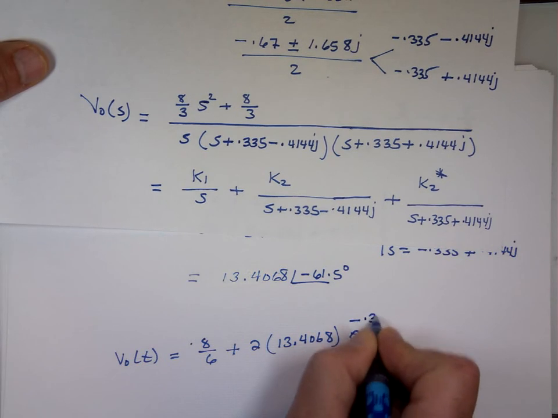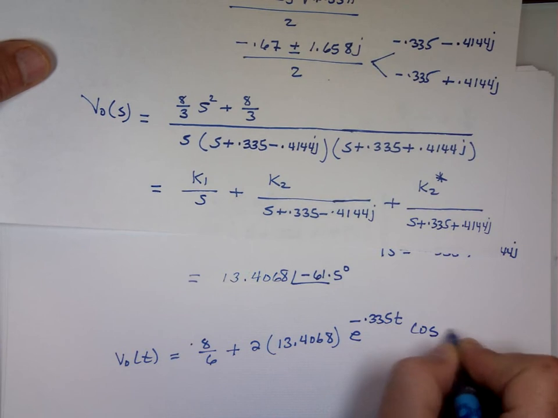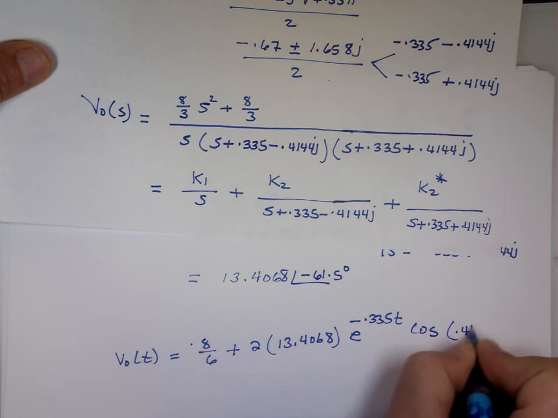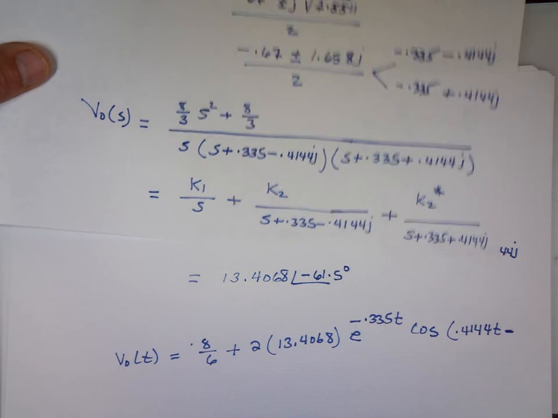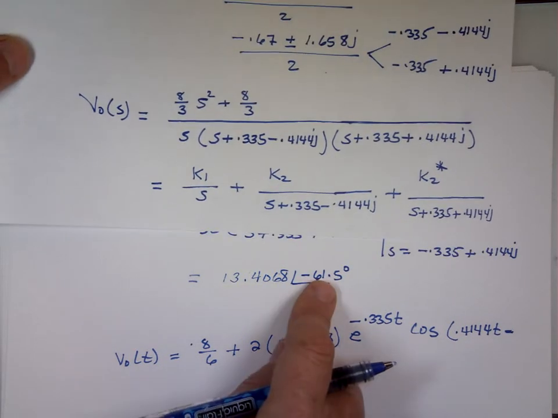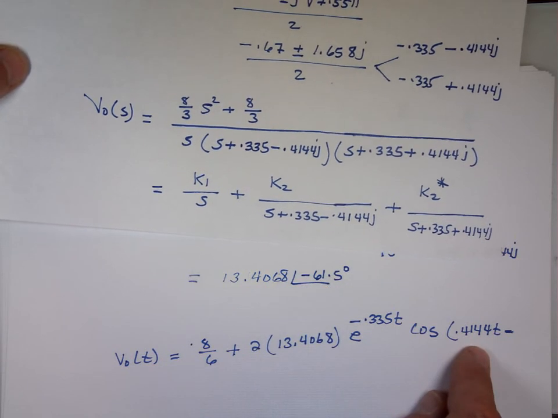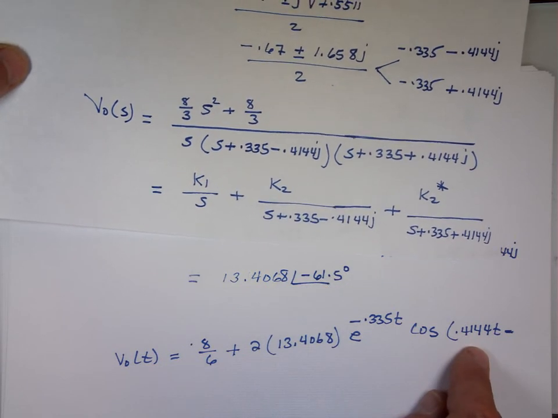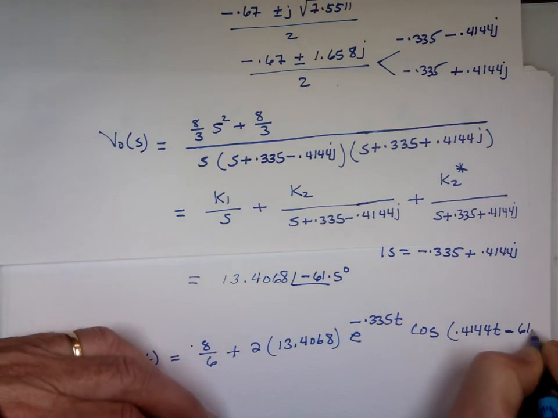Cosine beta t, 0.4144t, minus, and this one is what, 61 degrees? I really should change it to radian because that's in radian. So I should take the 61, but I'll put 61.5 degrees. I'll put degree here to let you know your answer is in degrees.